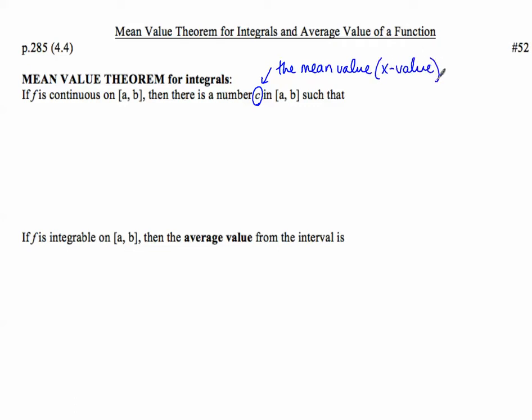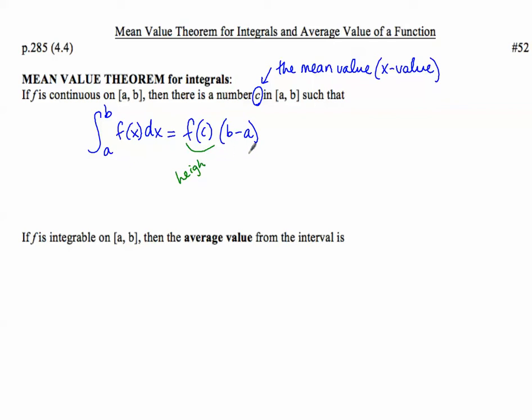So this x value can be found such that when I take the definite integral from a to b of f of x dx, I can find that x value such that the y value corresponding gives us the height of our perfect rectangle. So this part right here is the height.